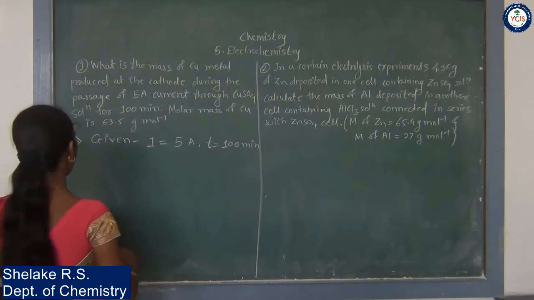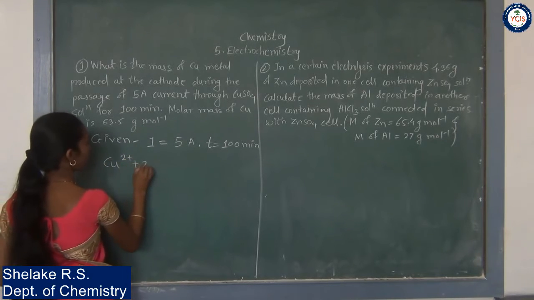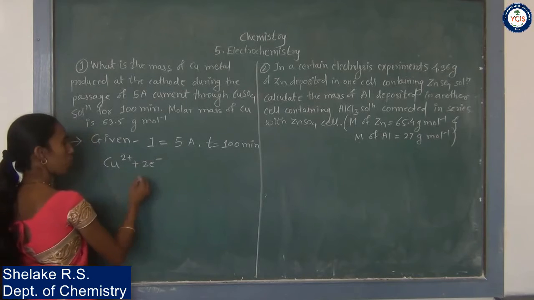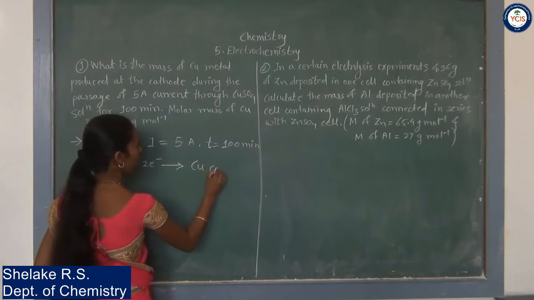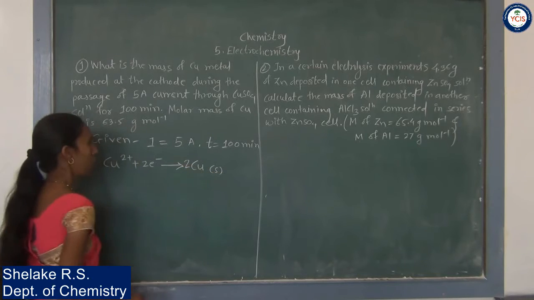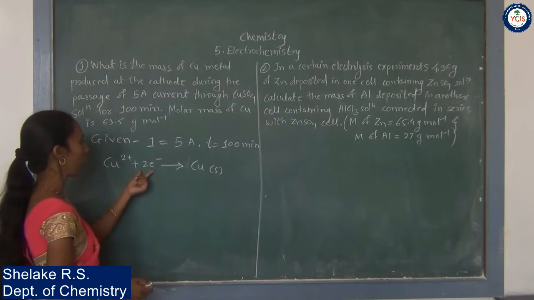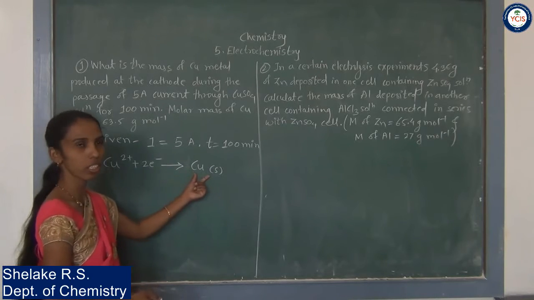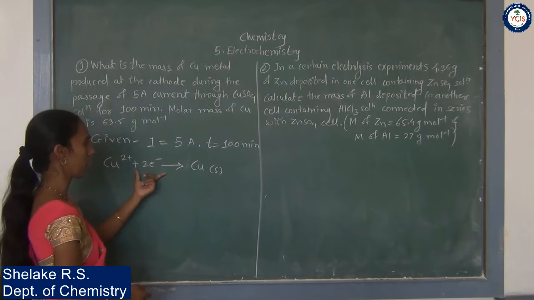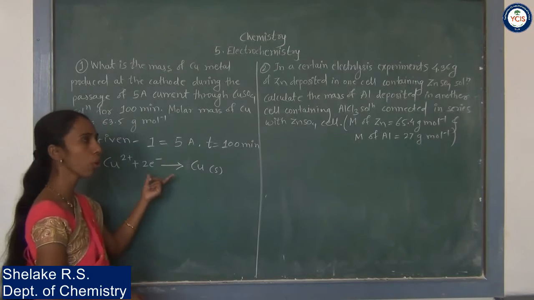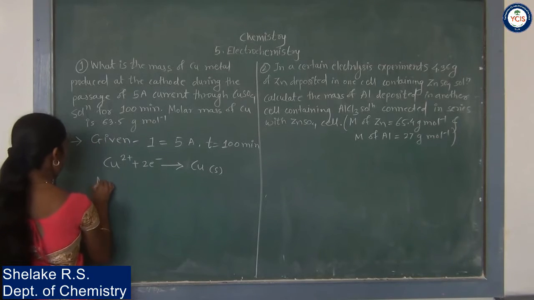So copper will reduce as Cu 2+ plus 2 electrons. It requires 2 electrons for reducing, and then it will convert into the solid. So from this half reaction you can find out the mole ratio. So first we will find the mole ratio.